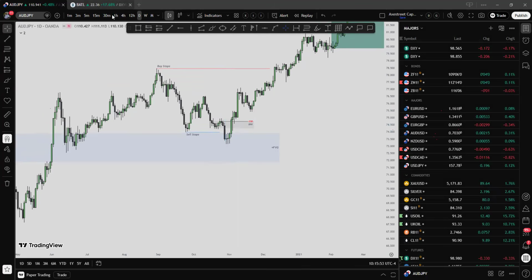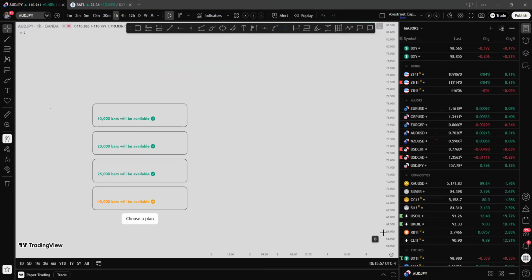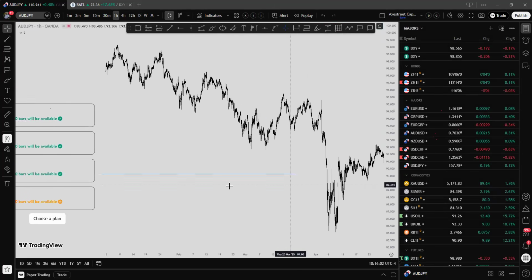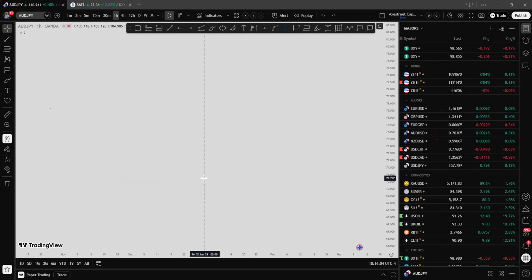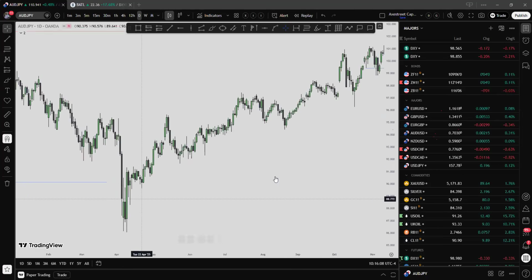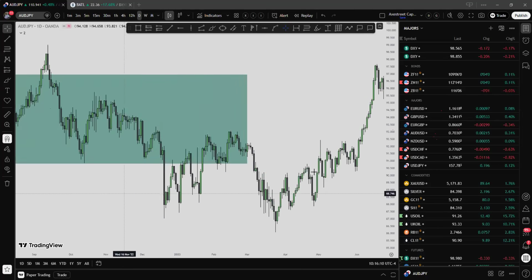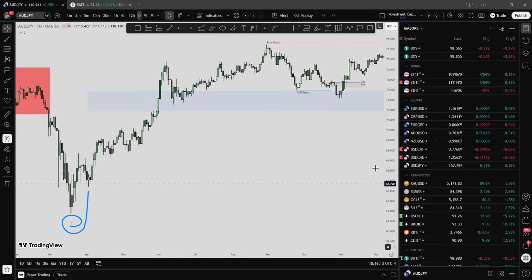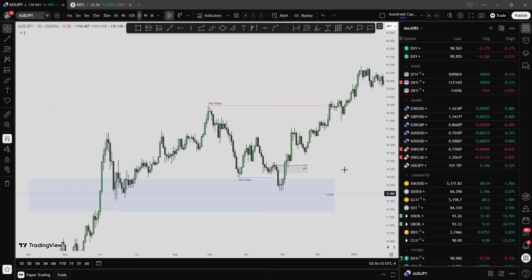So from here, you can go into the 1 hour. I'm not sure we'd be able to go that far back on the 1 hour. No, we won't. But then you can just go to the 1 hour and you would look for a refined entry inside of a specific kill zone for the day. Okay. But it's not even necessary.